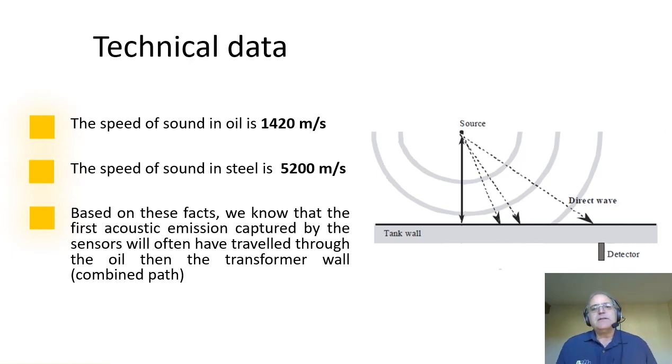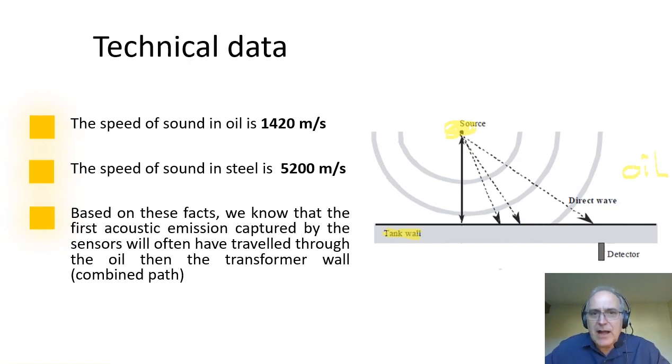This is some technical data. This time we made a view on, let's say, oil. This is oil inside a transformer, and this is the transformer wall. And this is the PD source. As said, this source is generating an arc, and that arc is producing acoustic waves that travel into oil and steel.